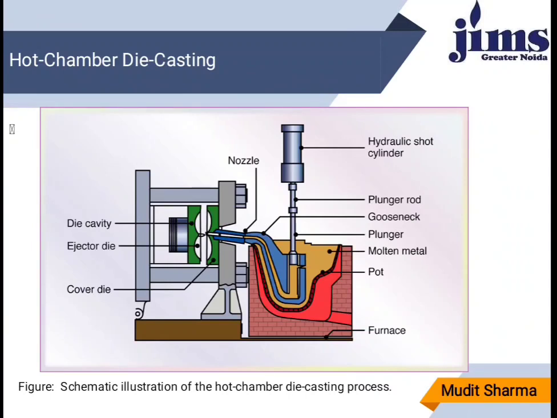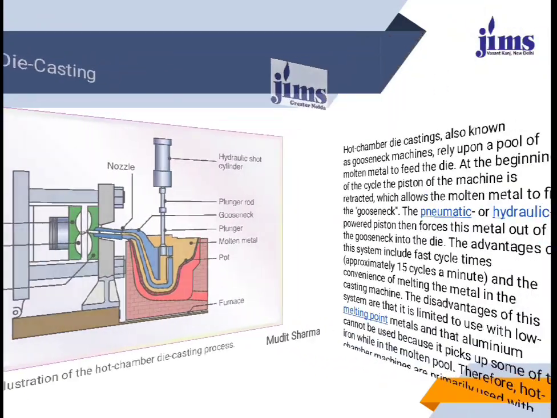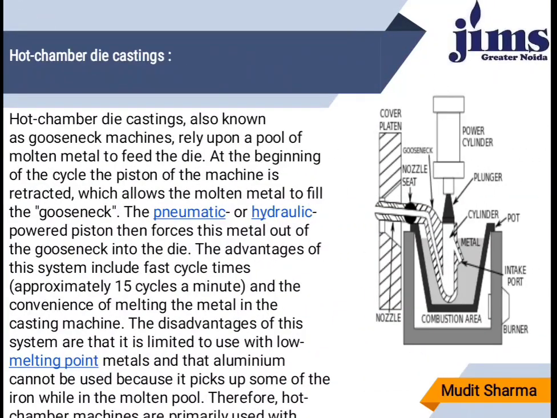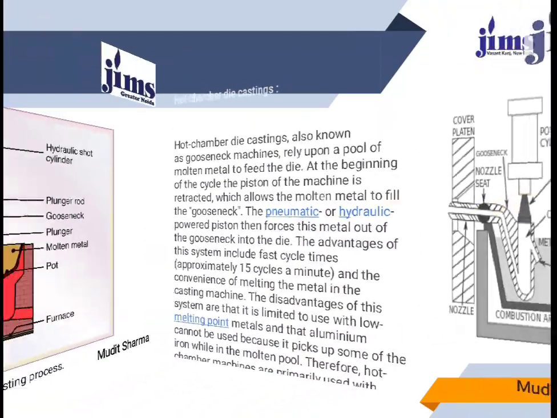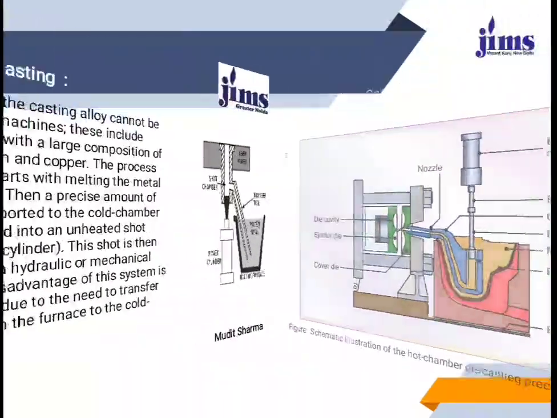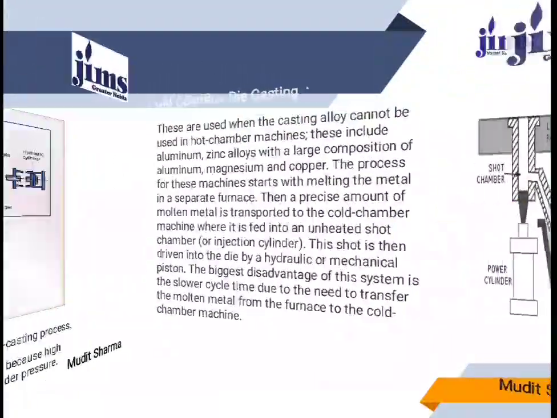Open the die halves. Eject the casting, which includes the sprue, runner and gates, pins.